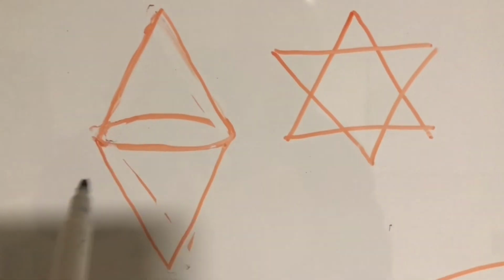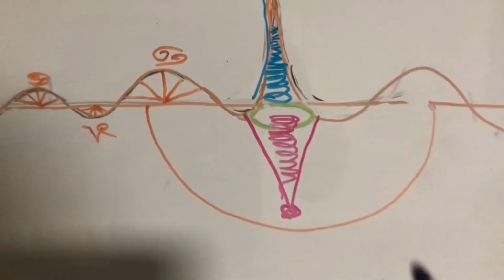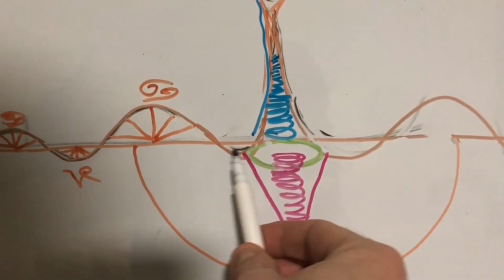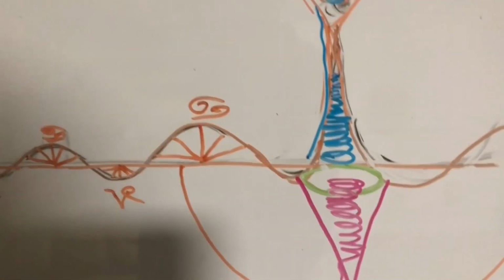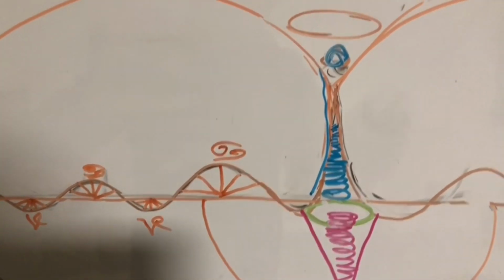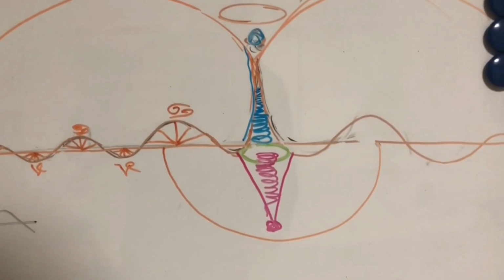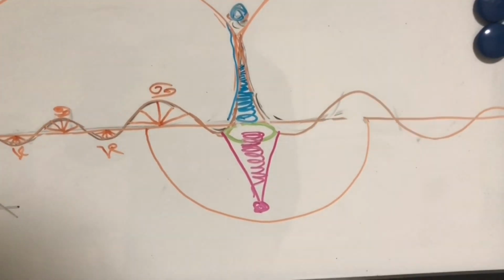If you put them together, that's why this symbol has always existed. And then you have waves in the wave, which is very important too. This is the way I imagined it.